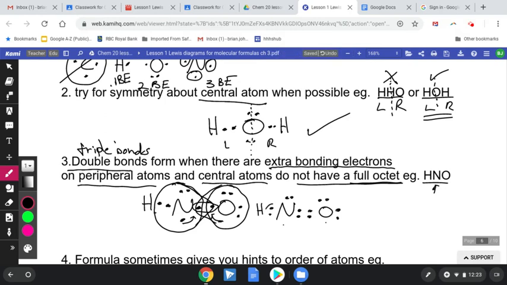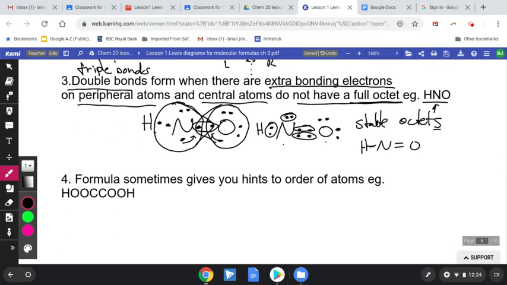And now nitrogen has 2, 4, 6, 8 valence electrons, and oxygen also has 8. So it's a stable or a full octet for both. And as a structural diagram, it would look like this. Single bonded H to the N and a double bonded nitrogen to oxygen.